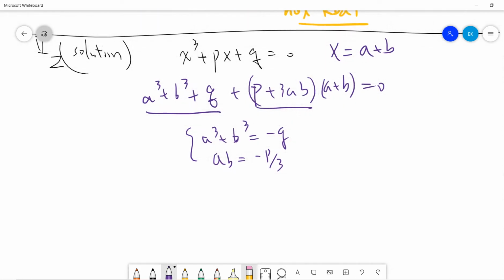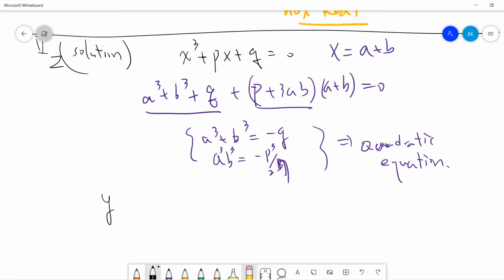Then you can cube it. Now you can combine a cubed and b cubed into a quadratic equation. Consider y minus a cubed times y minus b cubed.